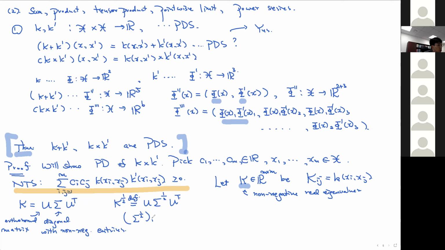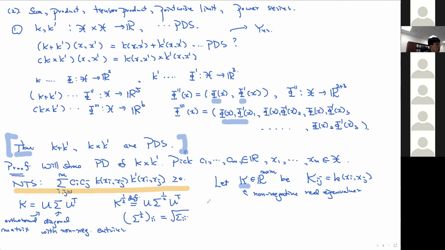This is again a diagonal matrix, whose diagonal entry i is the square root of sigma ii. This is possible because the diagonals of sigma are real and non-negative, so you can take the square root.